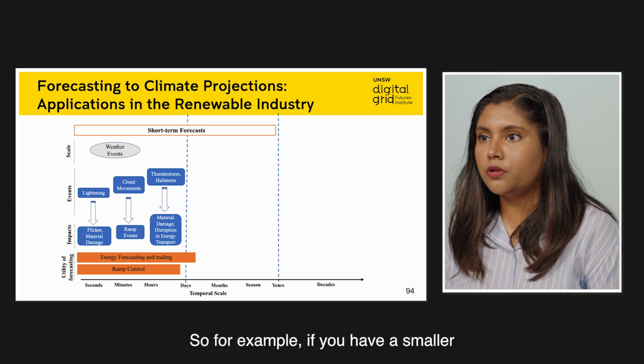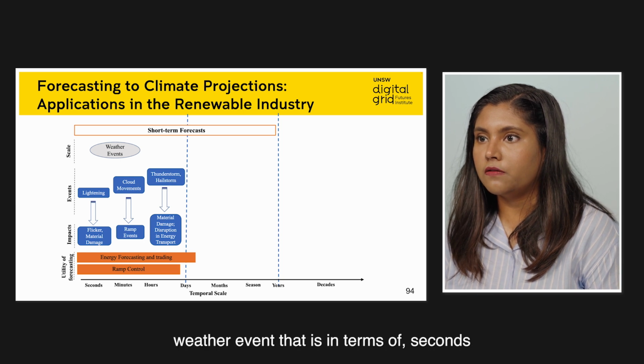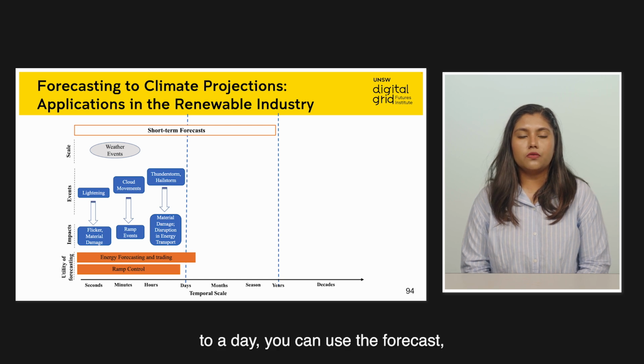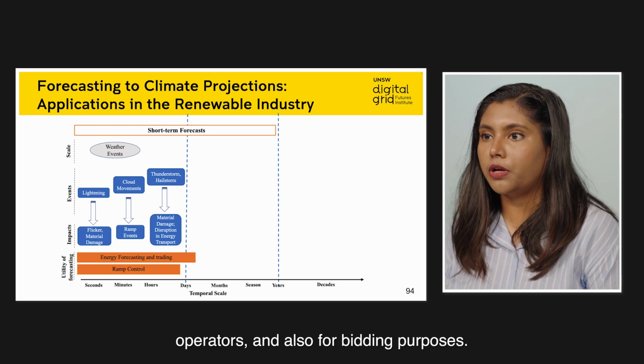So for example, if you have a smaller weather event that is in terms of seconds to a day, you can use the forecast for ramp control and for predicting the amount of energy that would be available, which could be used by different operators and also for bidding purposes.